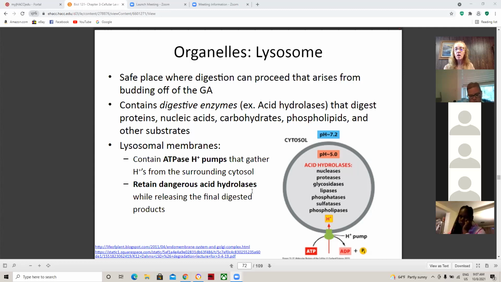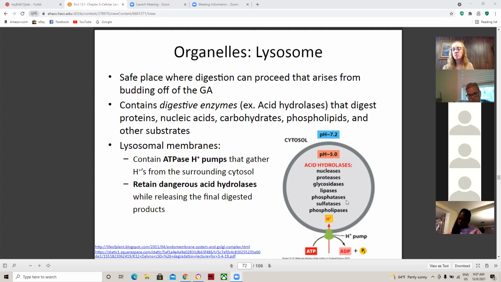So it contains ATPase hydrogen ion pumps that gather hydrogen ions from the surrounding cytosol in the cell and pump them into the organelle to keep the pH within the organelle lower than it is outside of the organelle. So in the lysosome, the pH is about 5. The cytosol outside has a pH of 7.2.